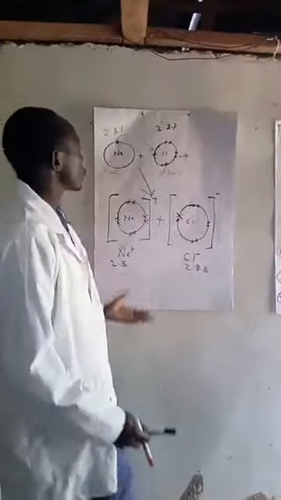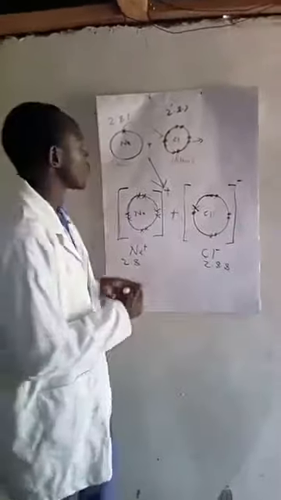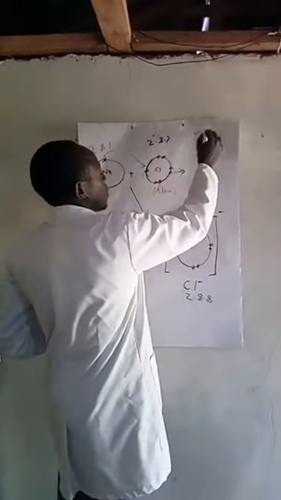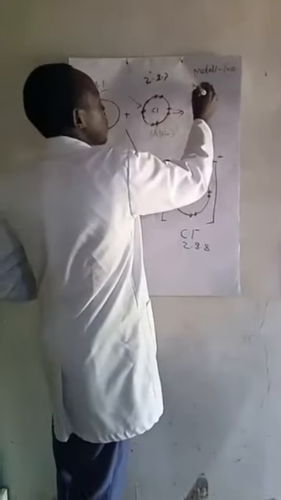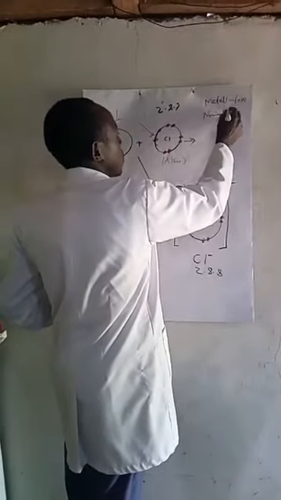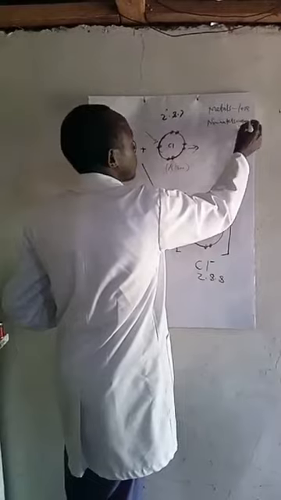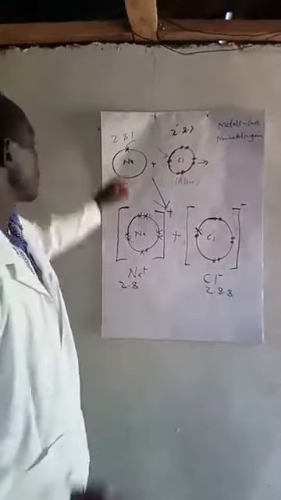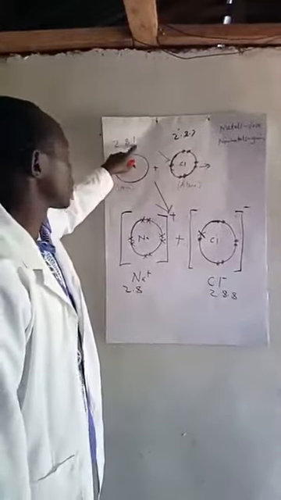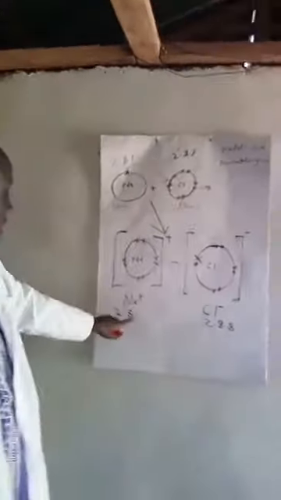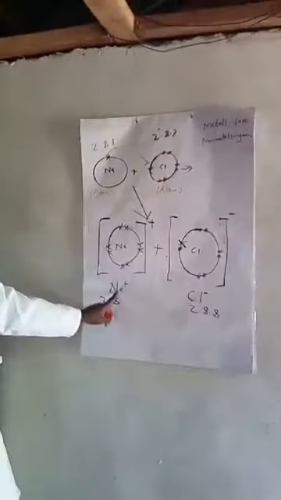We need to know that all metals lose electrons, while non-metals gain. Sodium is a metal, so it loses one electron in order to be stable, so that it now has 2,8.